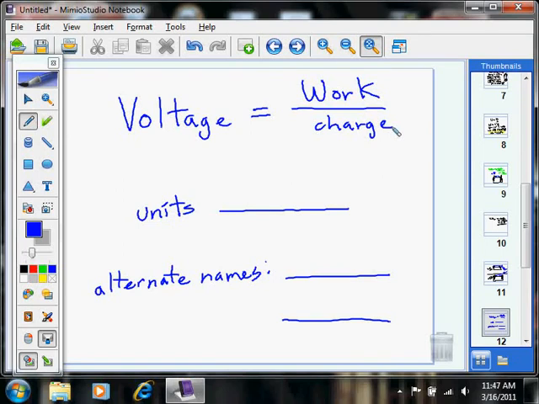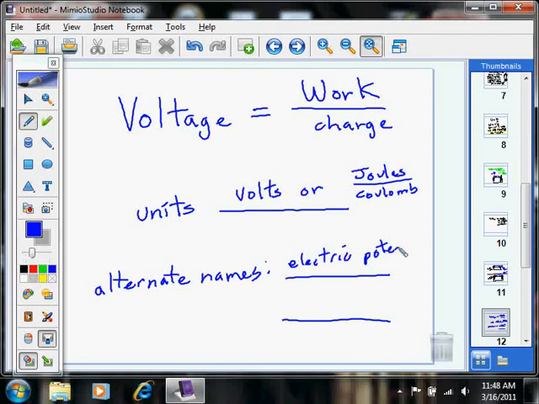Riki? Volts? Or joules per coulomb? Alternate names? Vishak? Electrical potential. Potential difference.